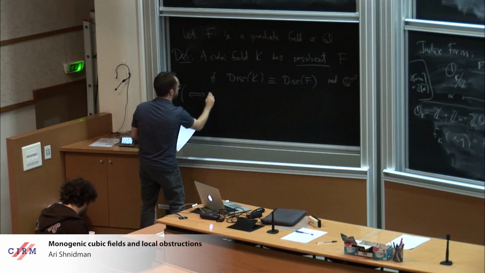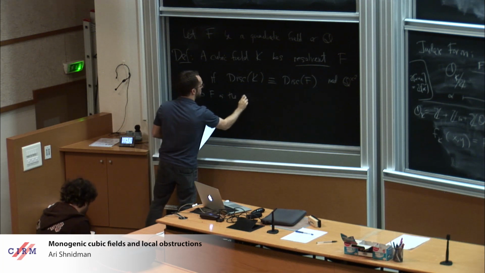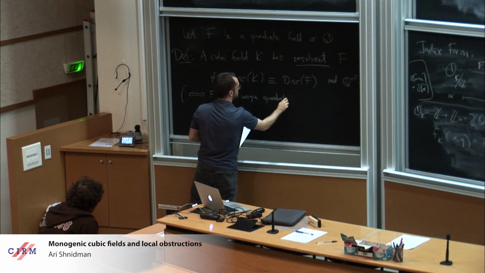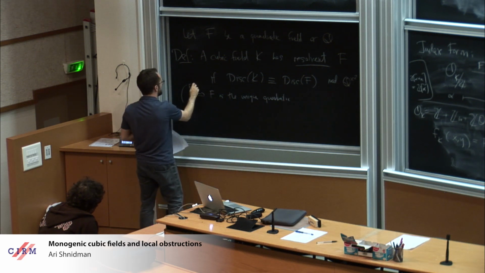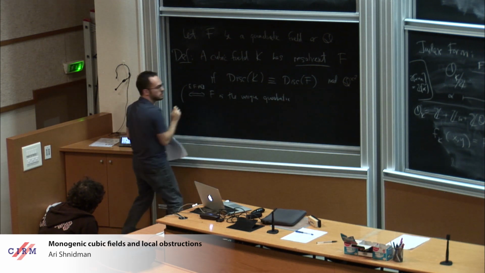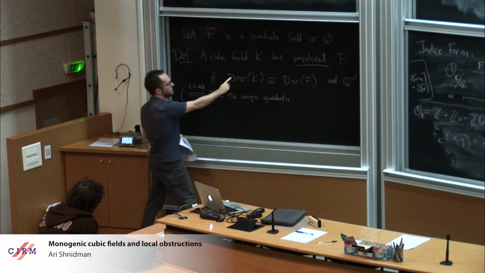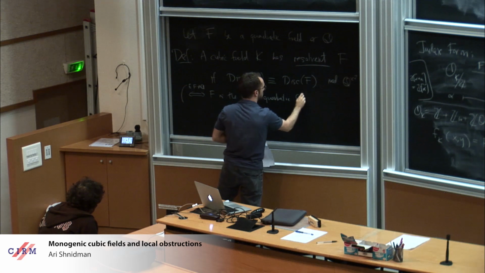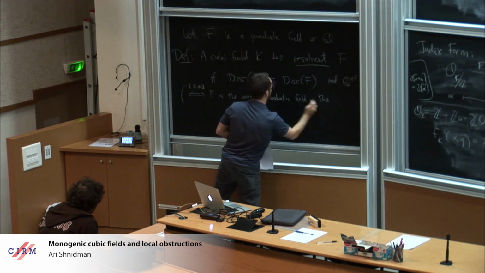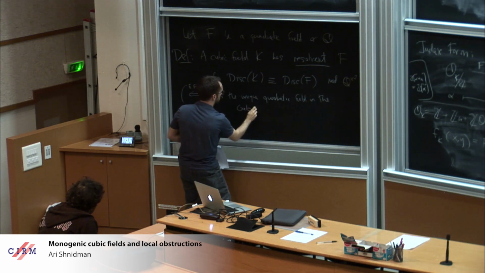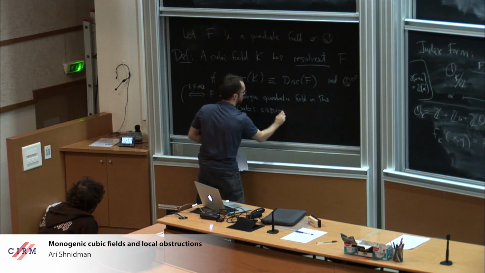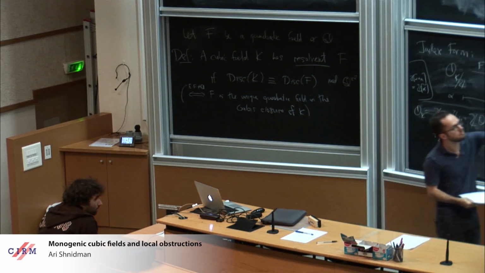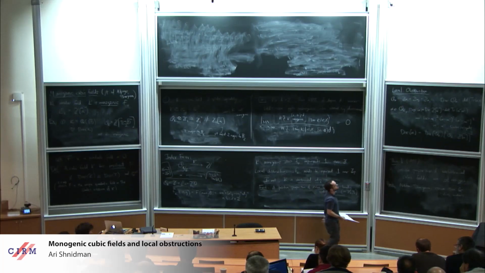Another way to say it is F is the unique quadratic, at least if F is not Q, which is one slightly annoying case. Another way of saying that K has resolvent F is saying that F is the unique quadratic field in the Galois closure of K, and that just follows immediately from that expression for the discriminant.